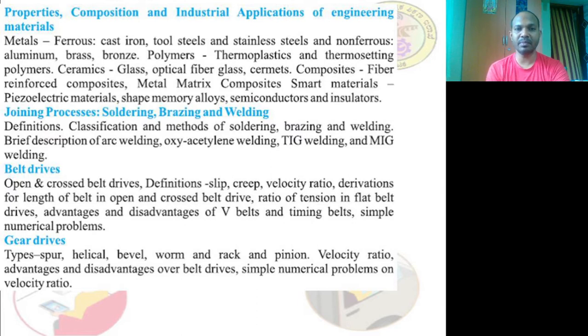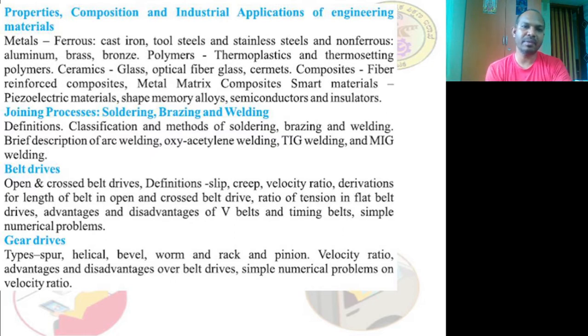Then we will also study ceramics, glass, optical fiber glass, and then composites, fiber reinforced composites, metal matrix composites, and then the smart materials like piezoelectric materials, shape memory alloys, and then semiconductors and insulators.